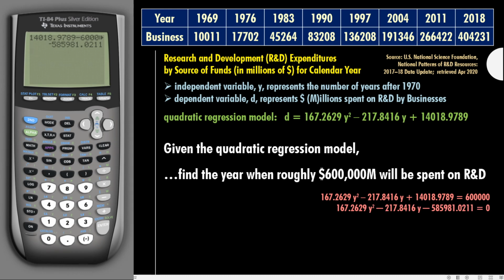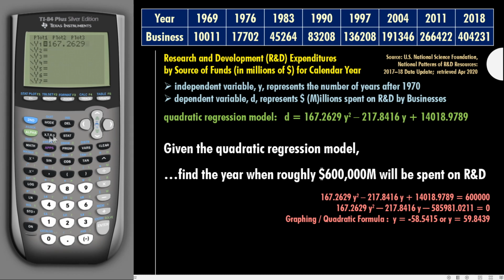If we're going to solve by graphing or by quadratic formula, both methods are going to produce 2 answers, and they're listed there. One will be negative 58.5415, the other one will be 59.8439. Let's show you how to do both methods. First, the graphing. I go ahead, I hit Y1. I'm going to type in 167.2629.